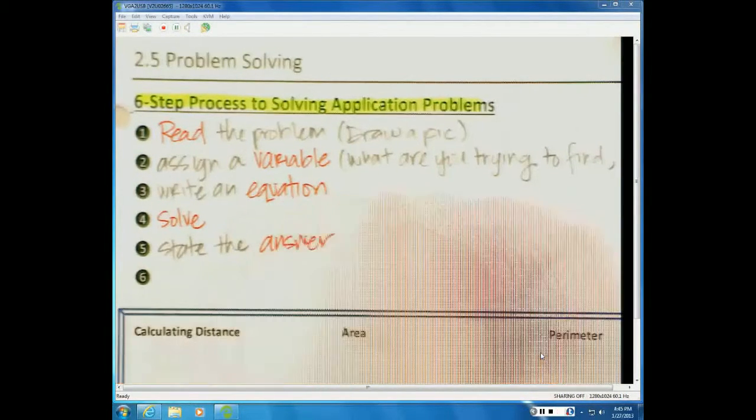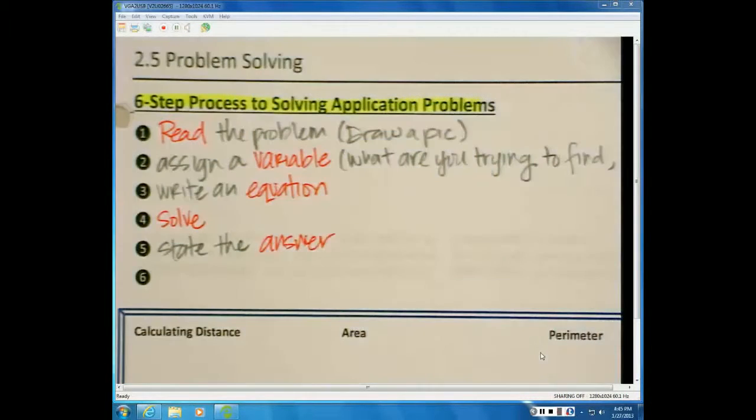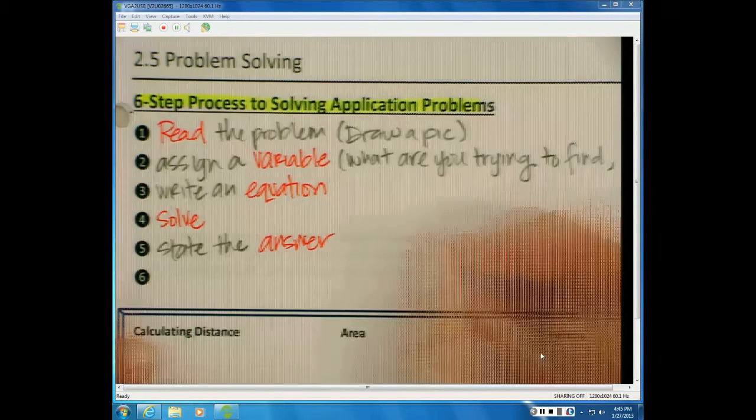When you solve your equation, you might land on something like x equals 5. Well, for application problems or word problems, you need to tell me what that 5 means. 5 what? Is it 5 days? Is it 5 feet? Is it 5 miles? 5 people? 5 what? 5 degrees? So when you state your answer, I want you to use the appropriate units. Is it $5?